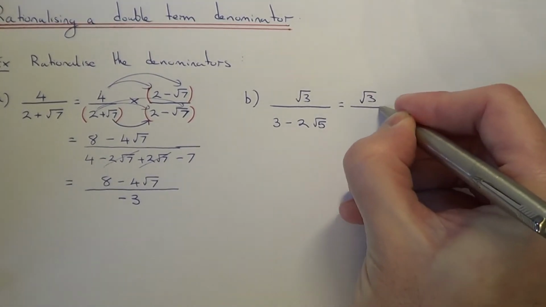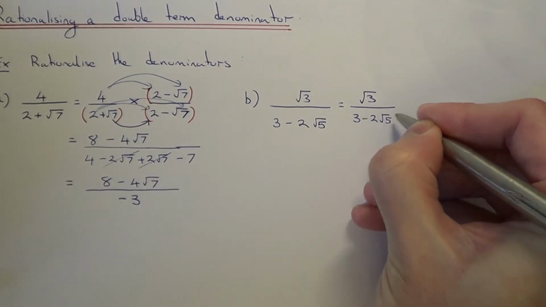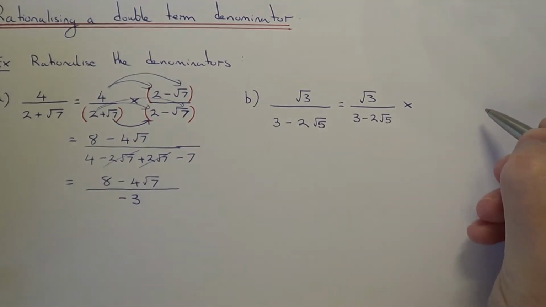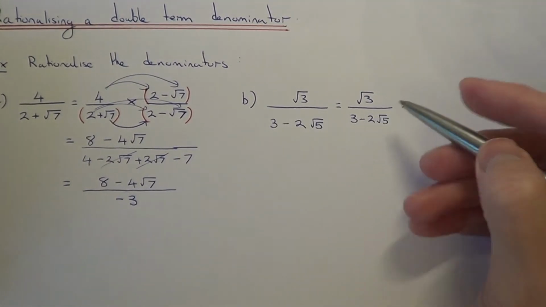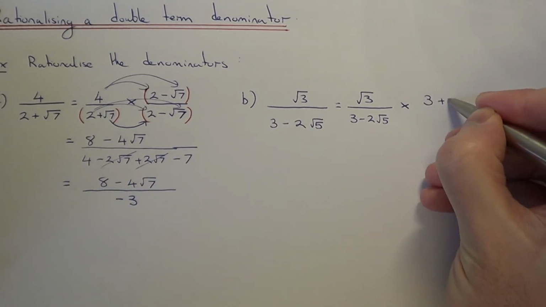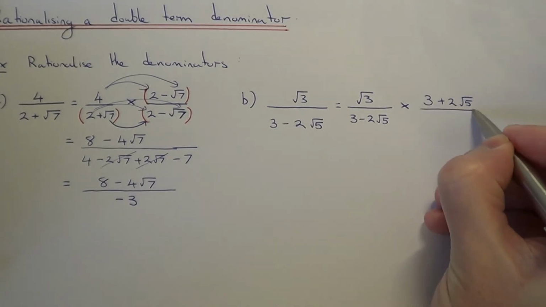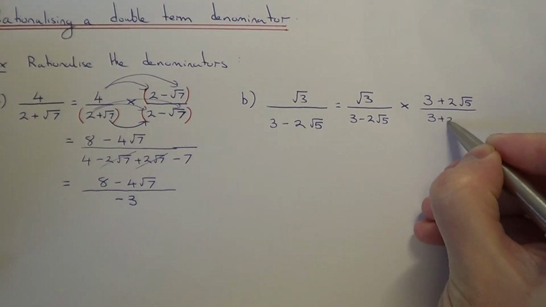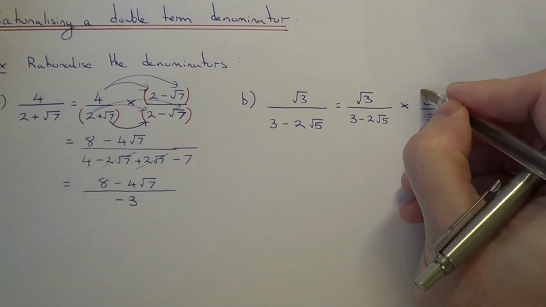So let me just copy out the first fraction. So we're going to multiply the numerator and denominator by 3 plus 2 root 5. So we just have to change the sign in the middle for it to work. So again, let's put some brackets in.